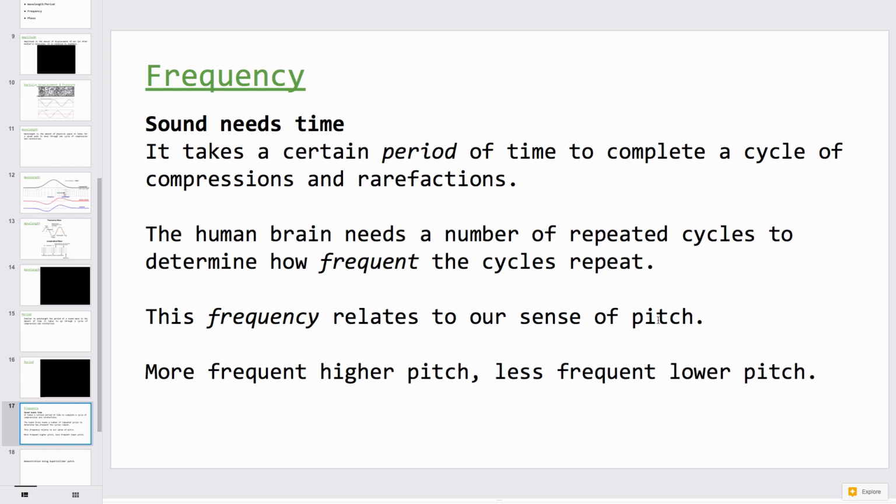And that, like I said, relates to our sense of pitch. I'm sure you know this already, but it's worth saying that the higher the frequency, the higher the pitch we sense. That's how we translate the faster moving cycles to higher pitch, and the lower frequencies to lower pitch.